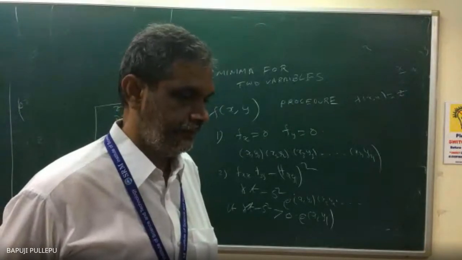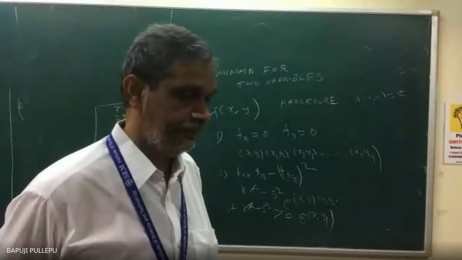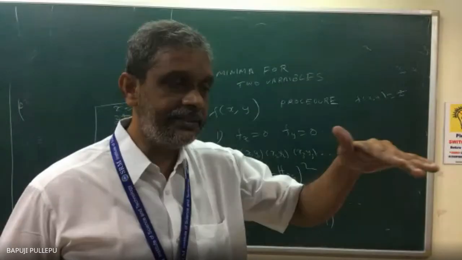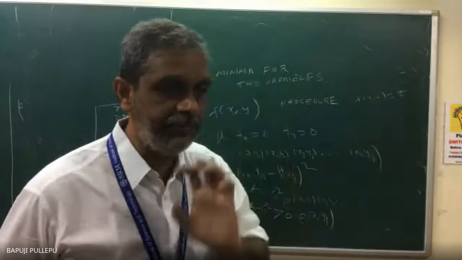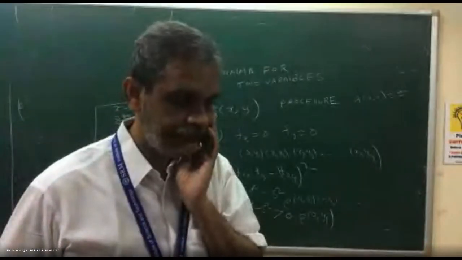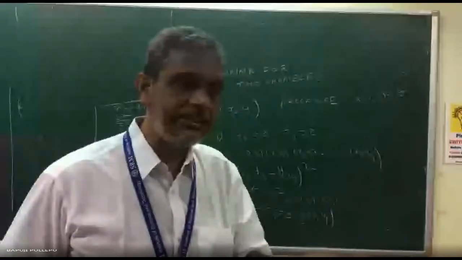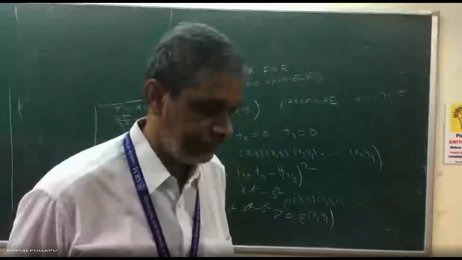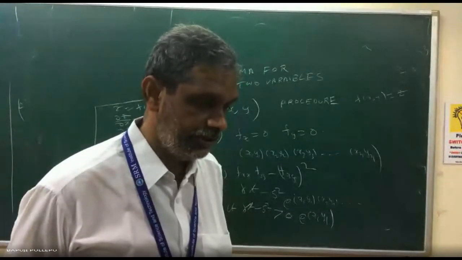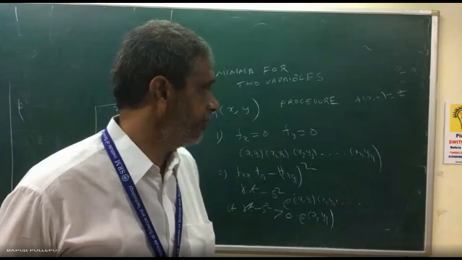Yes, sir. Clear? Which points are RT minus S square greater than 0? All those points you can take and keep in your hand. So, at that point, my function attains either maxima or minimum. Any doubt? No, sir. So, first condition is what?